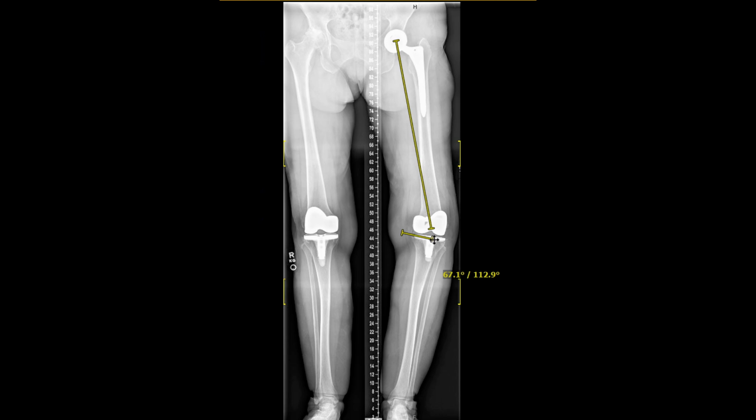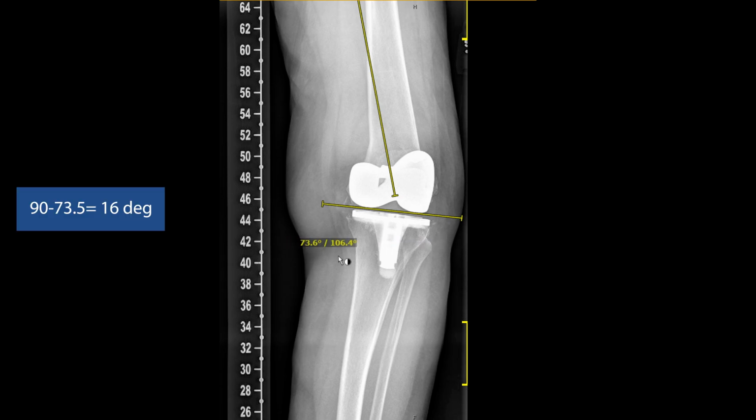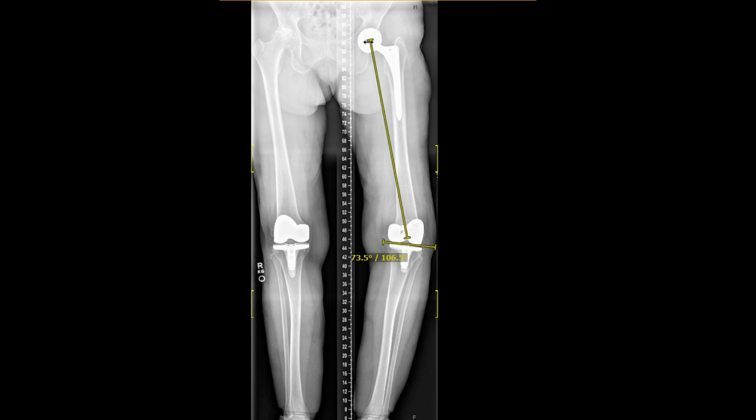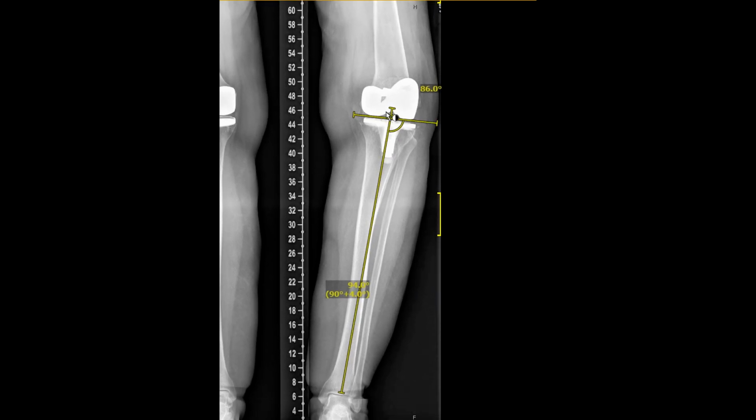And if you look at the femoral component, it is roughly at about 15 degrees of varus, because the joint line should have been about here, but it's in about 15 to 17 degrees of varus, whereas the tibial component is about 3 degrees of varus.